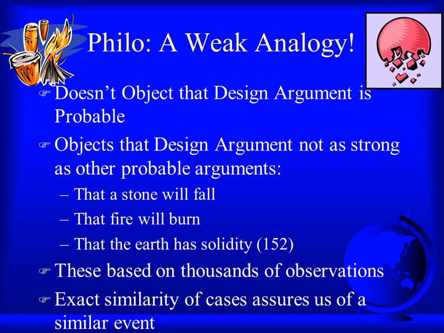With deductive arguments, like the ontological argument, it's all or nothing. The argument either is good and it proves its conclusion with absolute certainty, or it isn't good at all. Whereas with inductive arguments, you have degrees of strength.